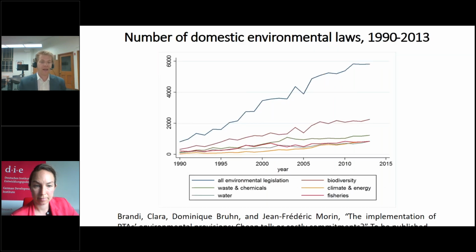We also collected data on the environmental laws adopted domestically. And in some cases, it doesn't work for all countries, it doesn't work all the time, but in some cases we were able to find a correlation between the inclusion of environmental provisions in trade agreements and the adoption of new environmental provisions in certain countries, in certain circumstances, and on certain issue areas.